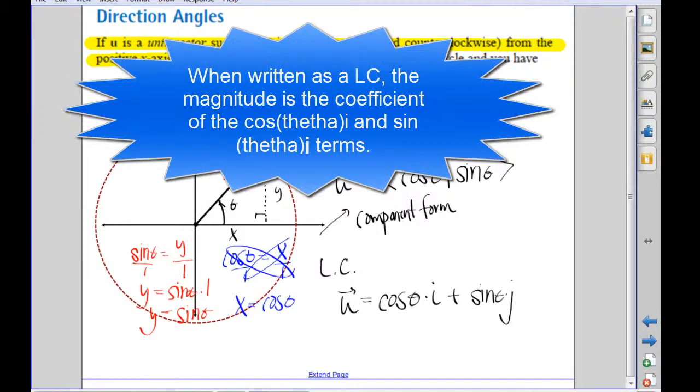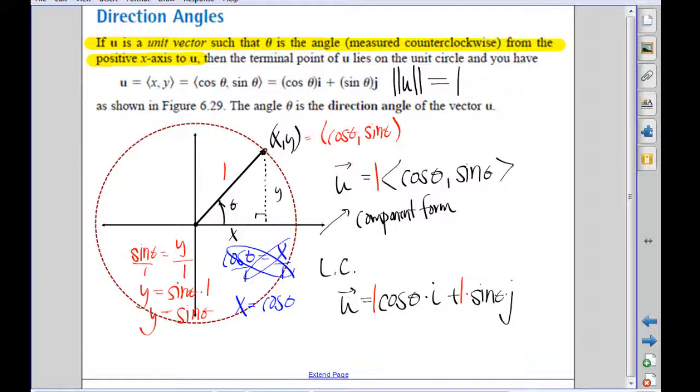And again, what's not explicit is it's 1 times cosine of theta i, the magnitude, plus 1 times sine of theta j. At this point, it's helpful to remember that a linear combination is always expressed as ai plus bj. So for vector u, your a value is 1 times cosine of theta, and your b value is 1 times sine of theta. And that's going to come in handy when we start looking for the direction of unknown vectors.